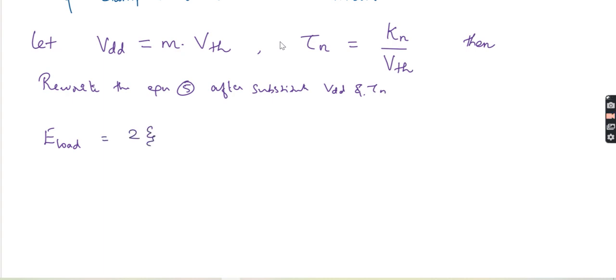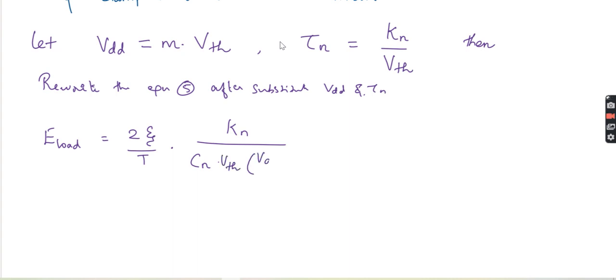2 psi T into Kn divided by Cn into, what we are doing in the sense, still we are not substituting, we are rewriting the equation number 5, just for our convenience.